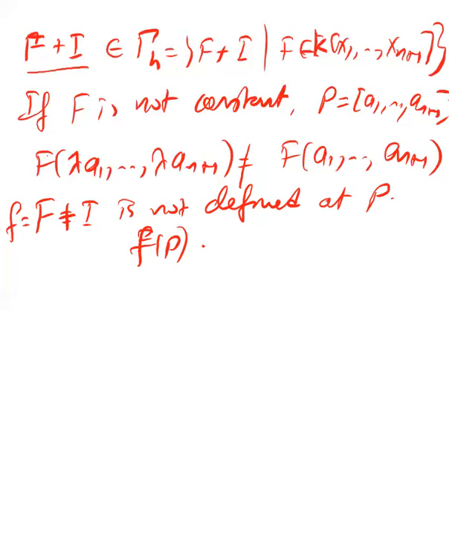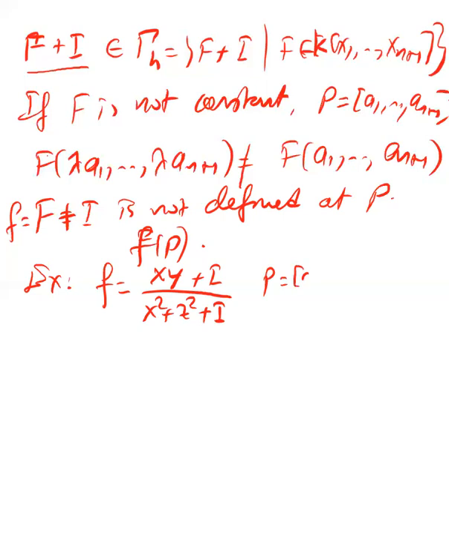So let me give some example first. Let n be equal to 2, and let f be xy over x plus y, and in the denominator x squared plus z squared plus I. Say P is equal to (a1, a2, a3).